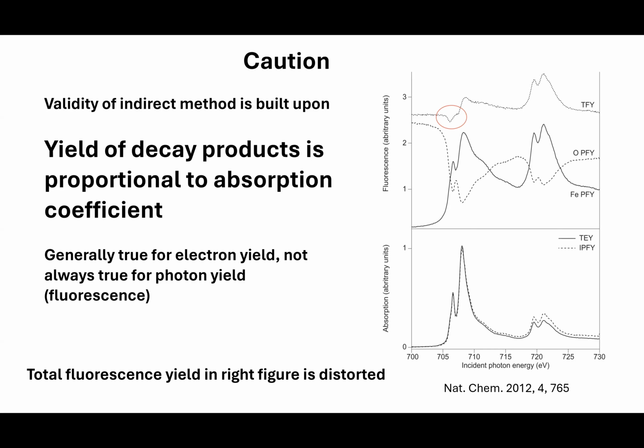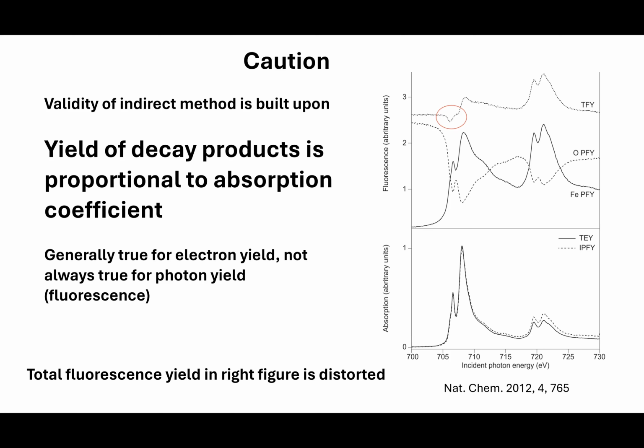So we see there is actually an obvious difference in width. And there's also a difference in the L3 and L2 ratio. That means they are seemingly correct, but not very accurate. It is only accurate when you do the IPFY. Now it has basically identical features with the TEY.